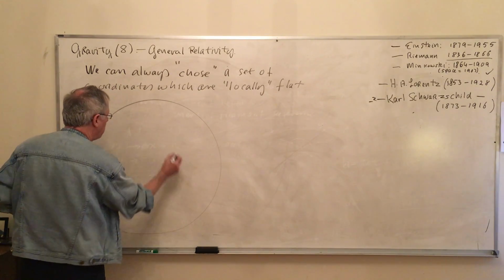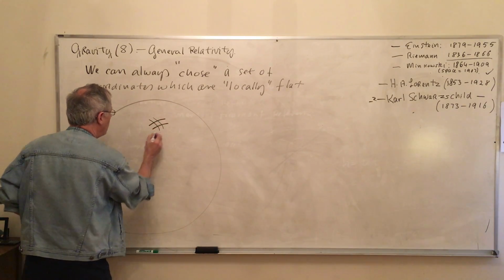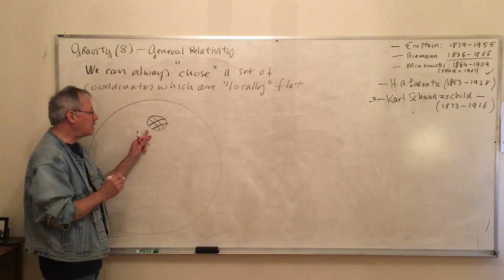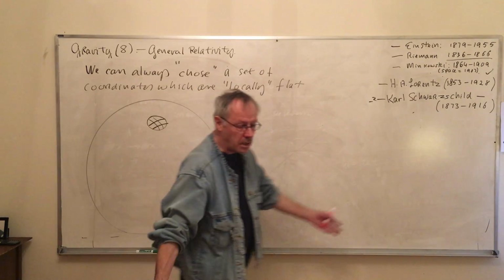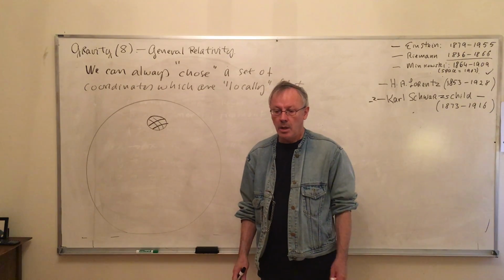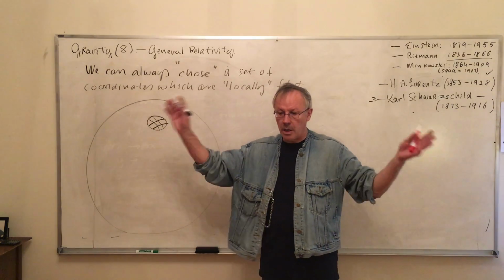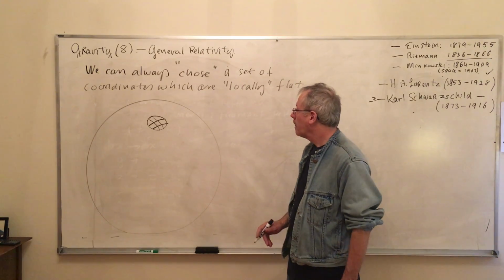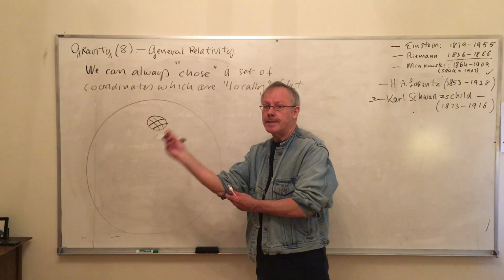That means if we're on our globally curved surface, we choose a set of coordinates which are valid only in this region and approximate the flatness. Like if we are in this room here, we can have a Cartesian coordinate system set down which deviates only very slightly from the big curvature that we see on the large scale. The small scale curvature is almost negligible. What does that correspond to in physics?